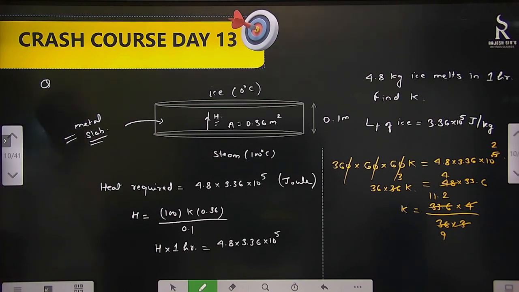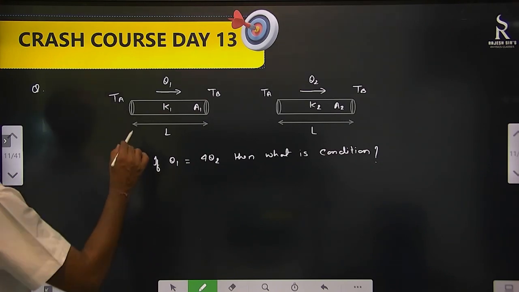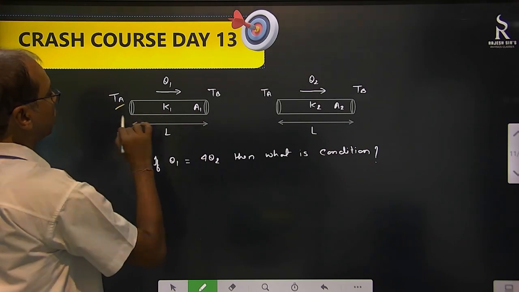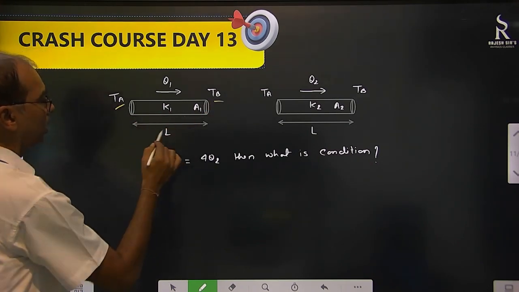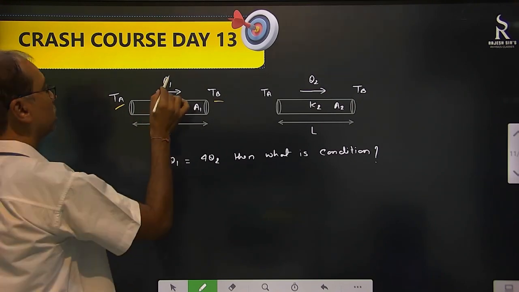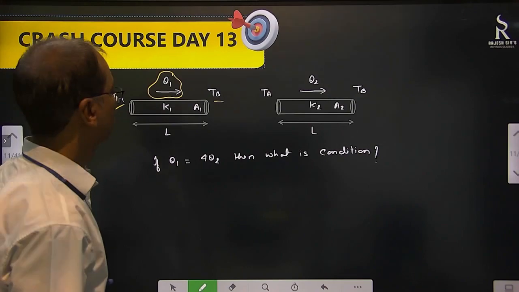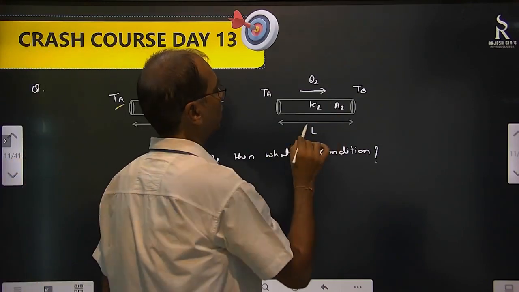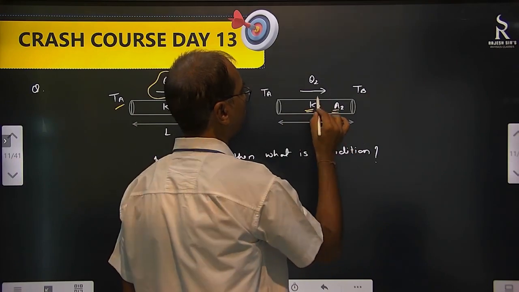Okay, let's see what next is. One more question is there. This is the small rod. Here is temperature TA, here is TB, K1 is thermal conductivity, A1 area, length is L, and through this one, Q1 is the heat current. Here, same TA TB, but the rod is different, thermal conductivity is different, area different.